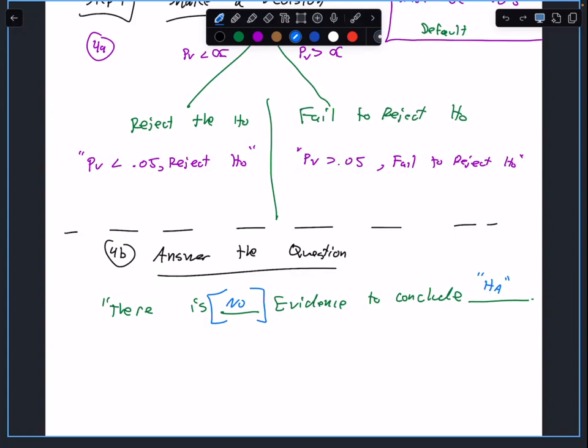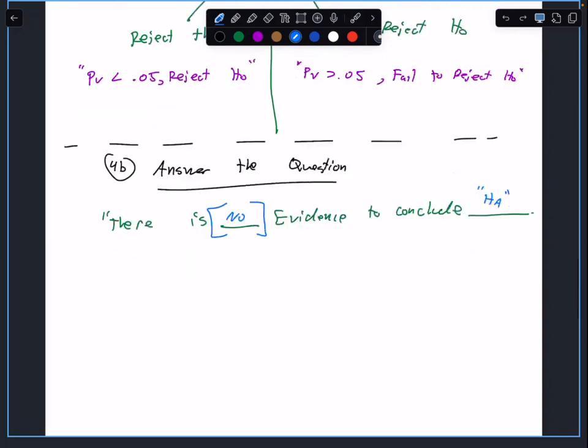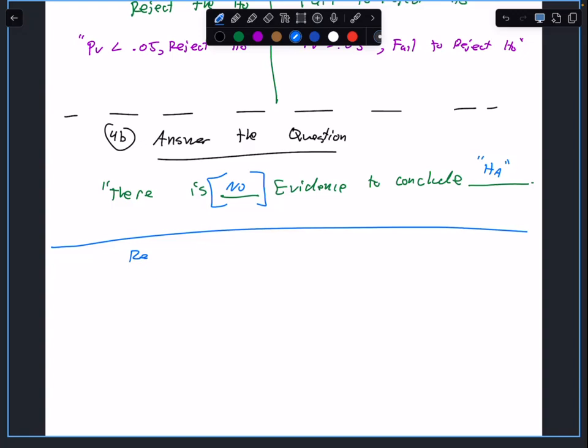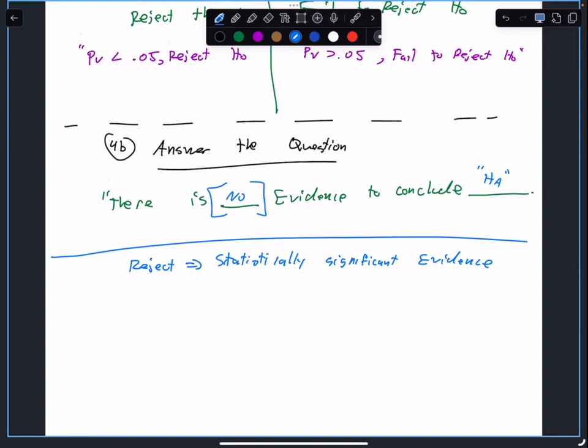Either you did find evidence or you did not find evidence. So if you reject, it means that you found statistically significant evidence. So when you hear in a paper in psychology or any other type of science that they found statistically significant evidence, it's because the p-value was less than alpha.